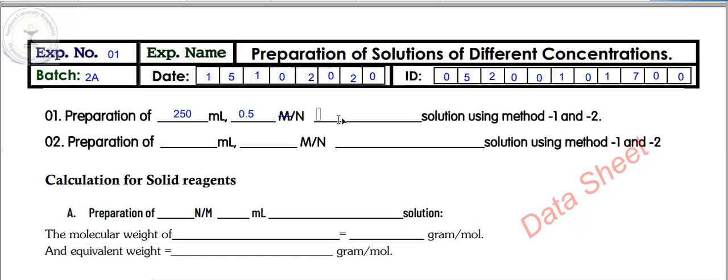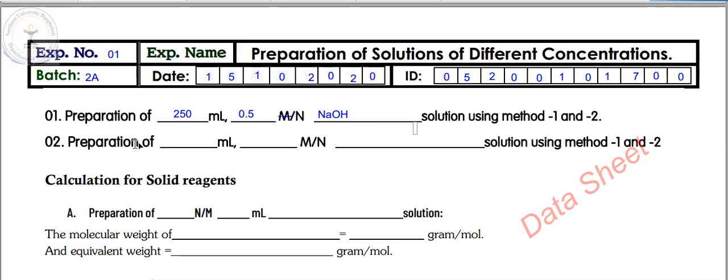At first, you have to write down your problem. The problem is that you have to prepare 250 ml 0.5 normal. Therefore, I have penned through this molarity portion. Molarity is cancelled out, and the normality is prevailing. Sodium hydroxide solution using method 1 and method 2. Method 1 and method 2 have been explained in the laboratory manual.